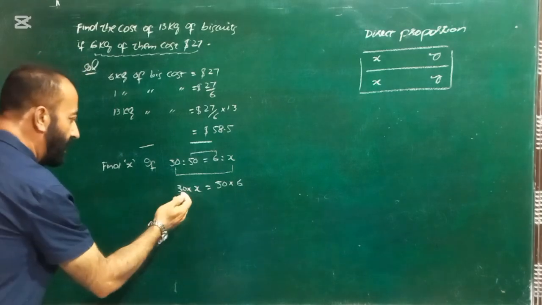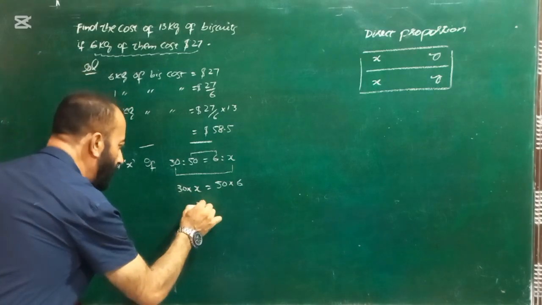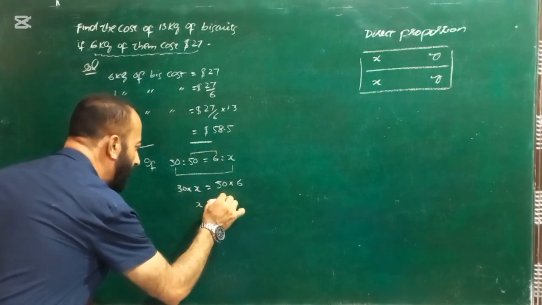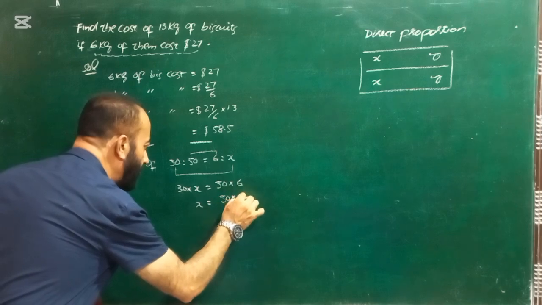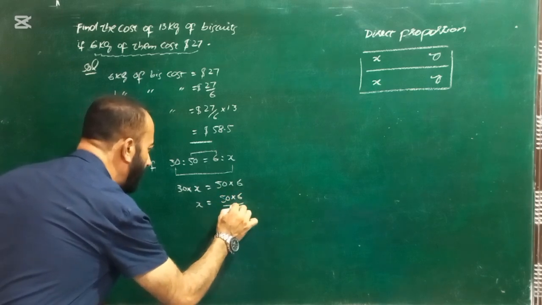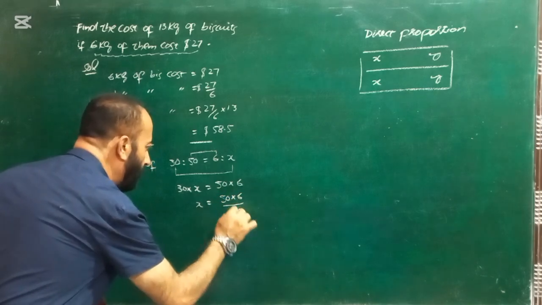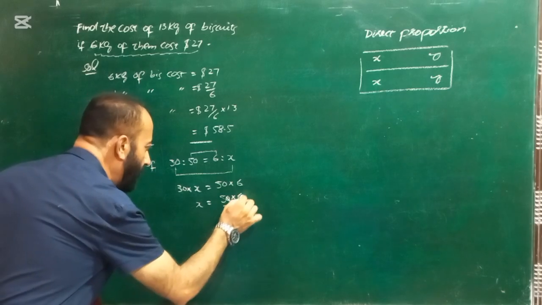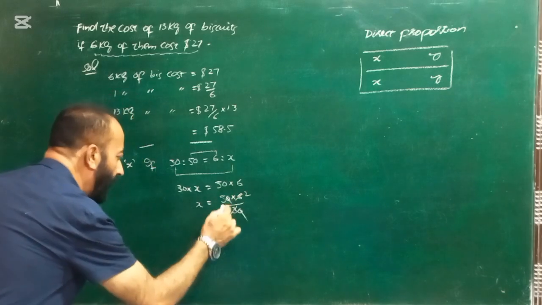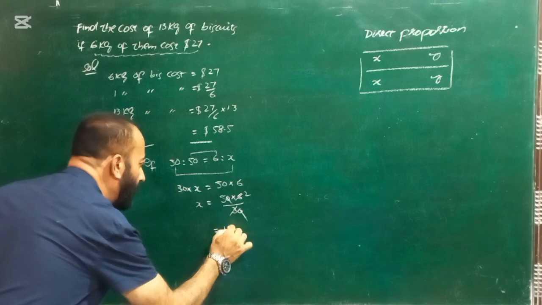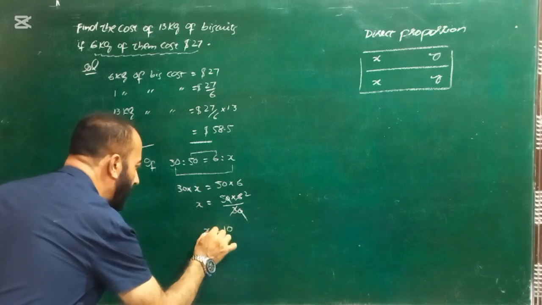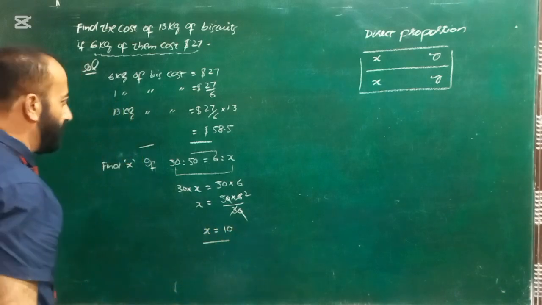From here this 30 will go to the denominator and it will become 50 multiplied by 6 divided by 30. So 0 will be cancelled by 0 and 3 2s are 6. So x is equal to 10. This is the answer of x.